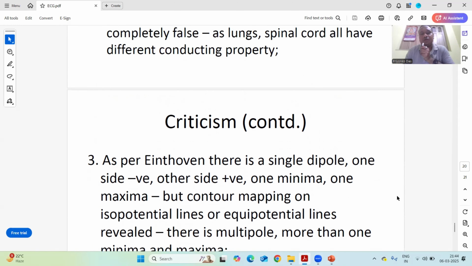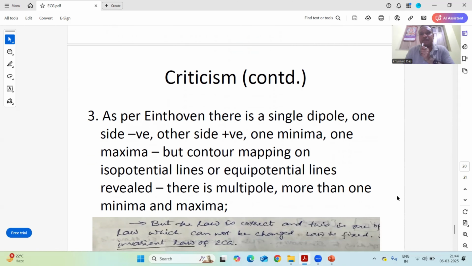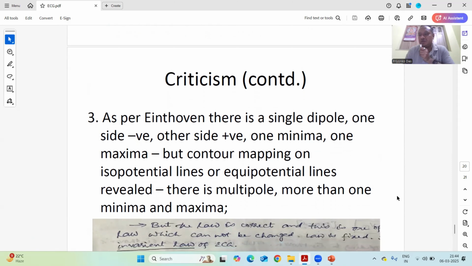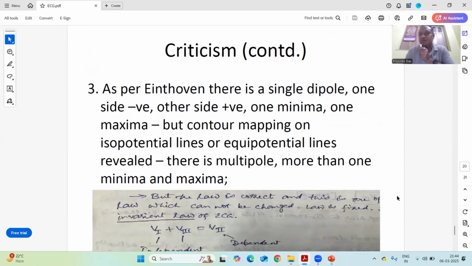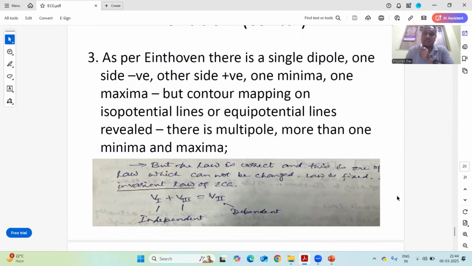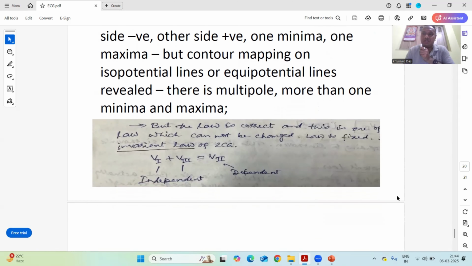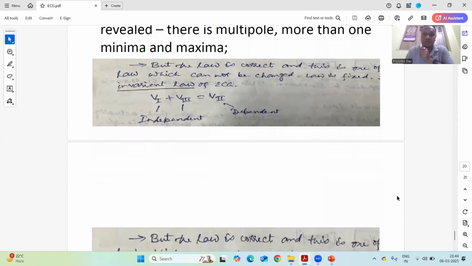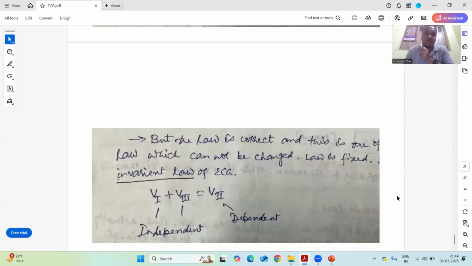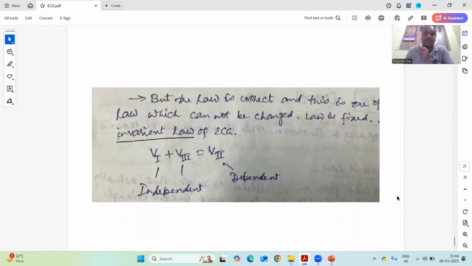However, all three assumptions of Einthoven were wrong. Still, this model is one of the most basic models, and upon it some more ECG models have been found. This law is fixed.